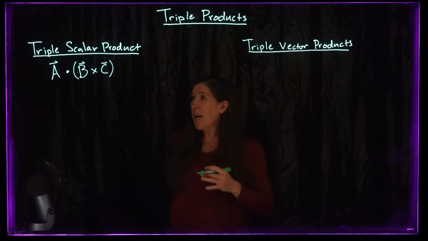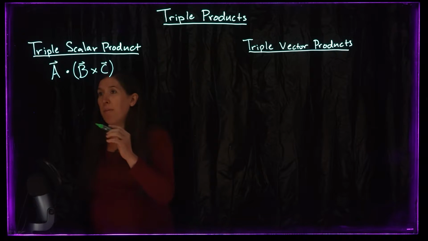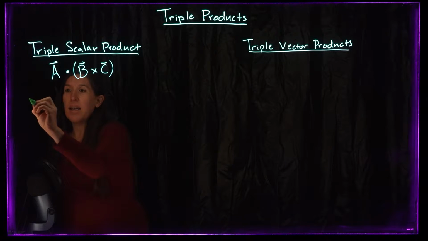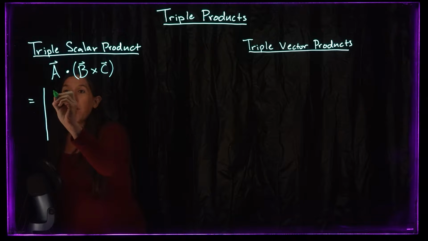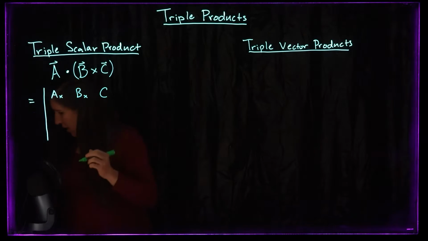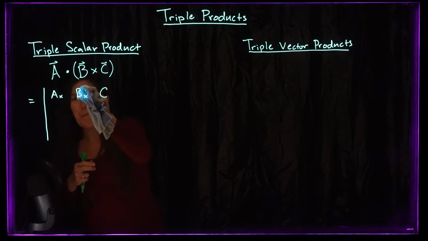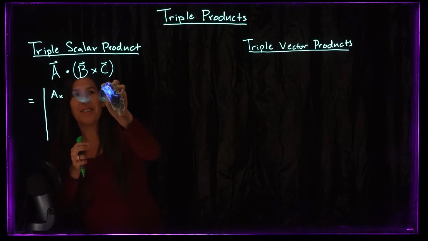All right, so there's a nice way to remember how to compute this, which is using the determinant. So it turns out that this is equal to taking the determinant where the first row is the A vector. Oh, I am writing incorrectly. The first row is the A vector components, not B and C. Sorry, that looks real ugly now.